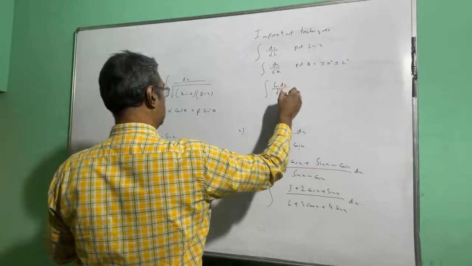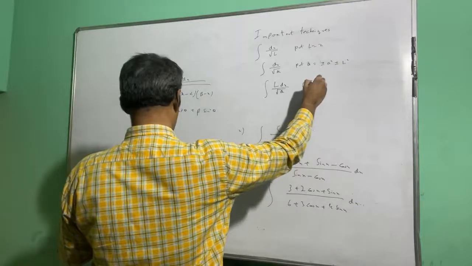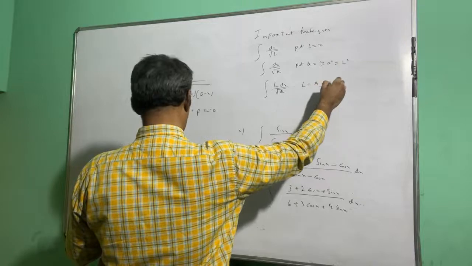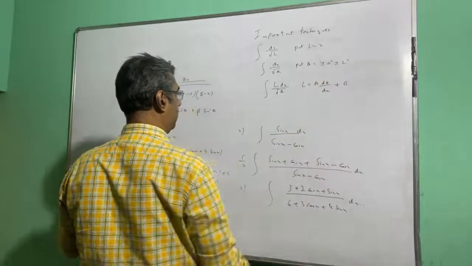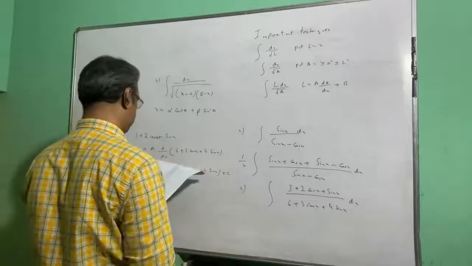So integral linear dx by root quadratic: linear will be a into d by dx of q plus b.